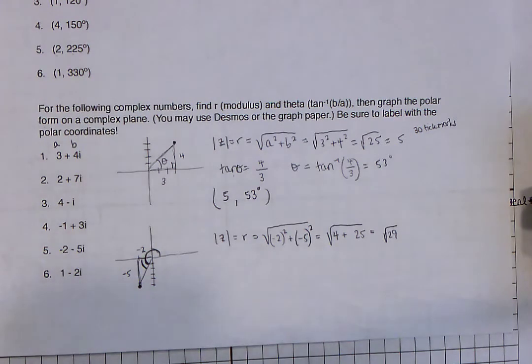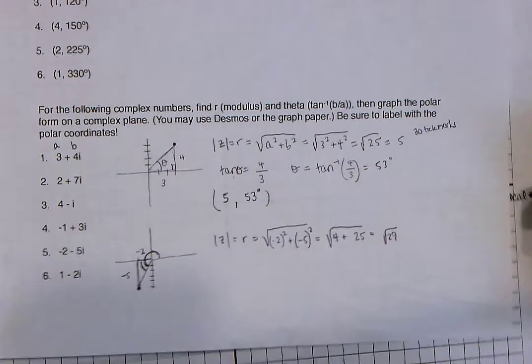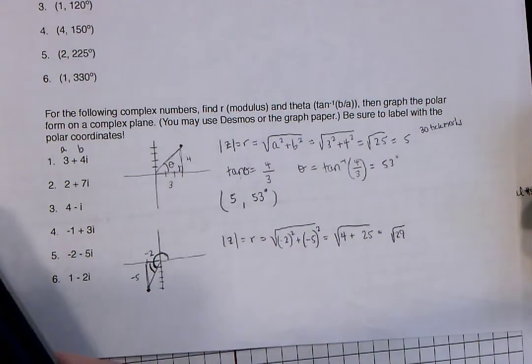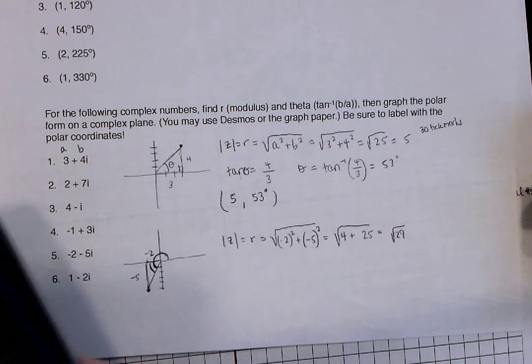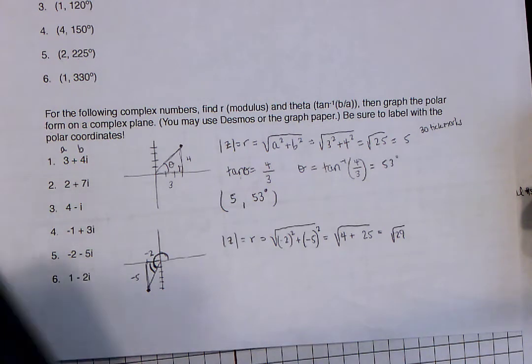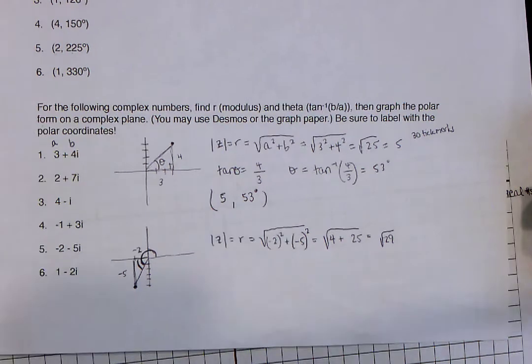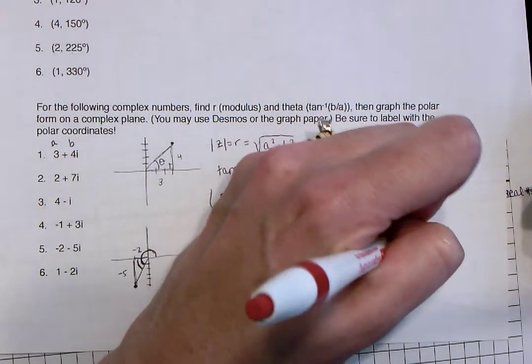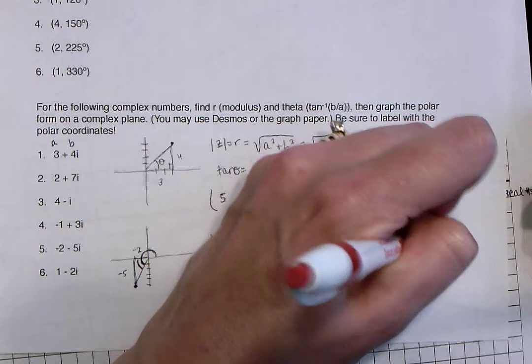So that's our modulus. But if we want to know approximately what that is, just so we can actually graph it on the plane, it's 5.4-ish. It's about 5.4.